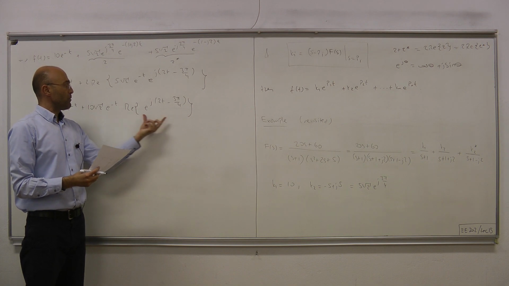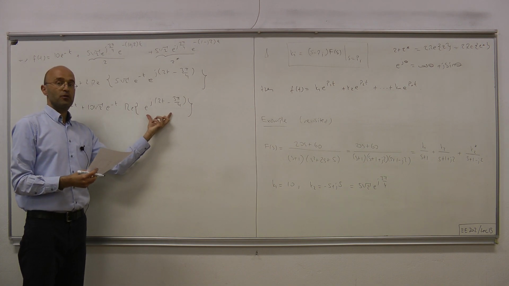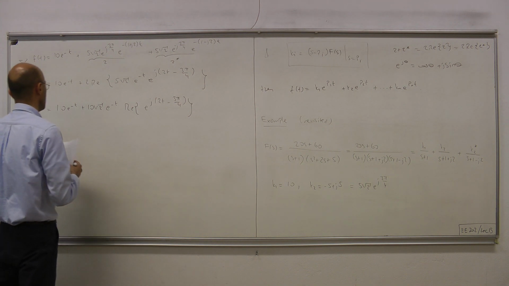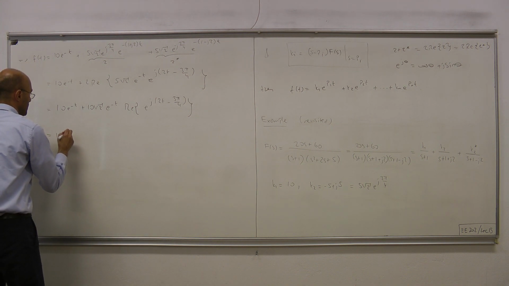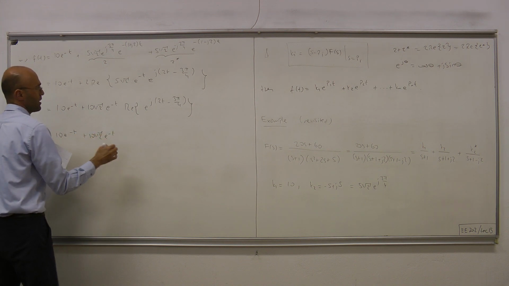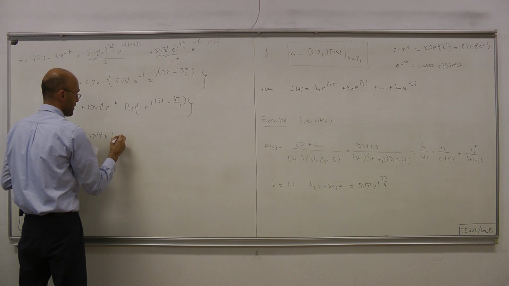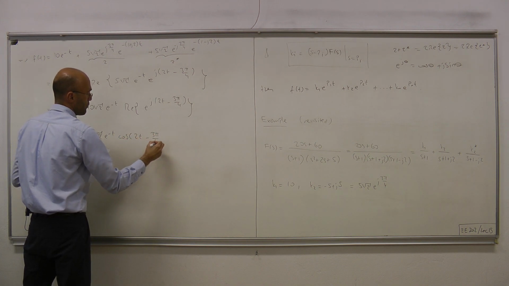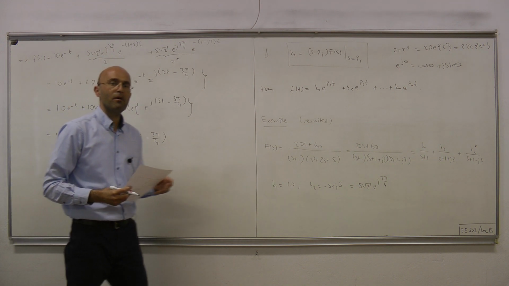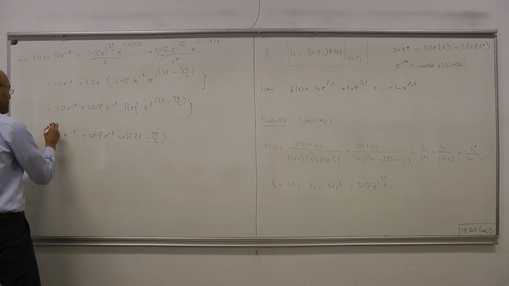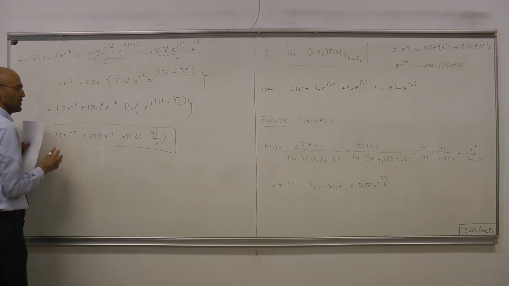And we're talking about the real part of this, therefore the real part of e to the j theta must be cosine theta. So that yields 10 e to the minus t plus 10 square root of 2 e to the minus t, and from here we take cosine of 2t minus 3 pi over 4 radians, or minus 135 degrees. Okay, so that's what we obtained last time.